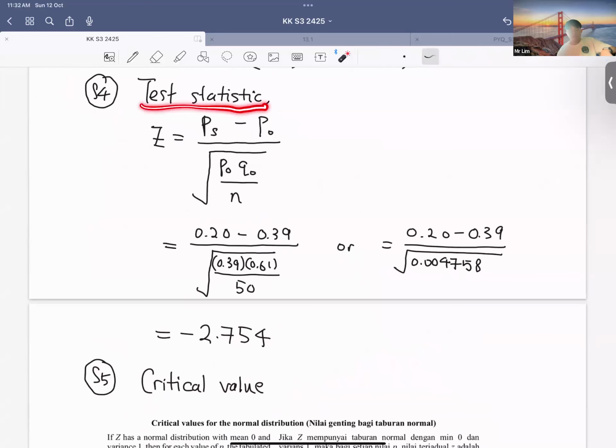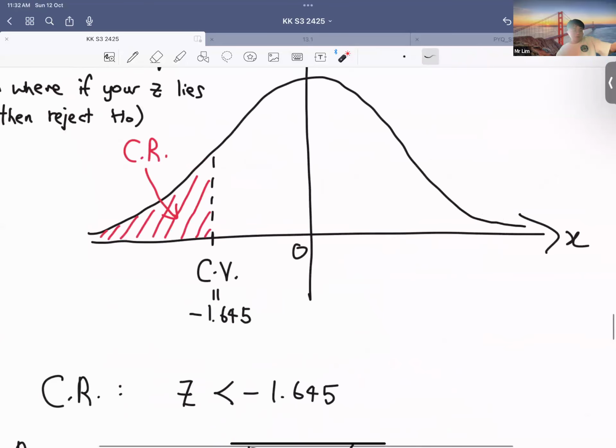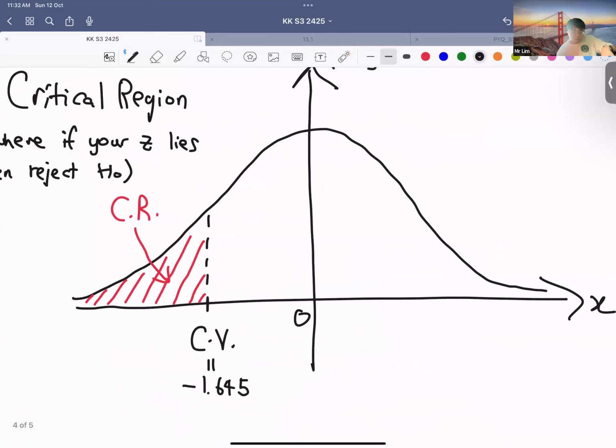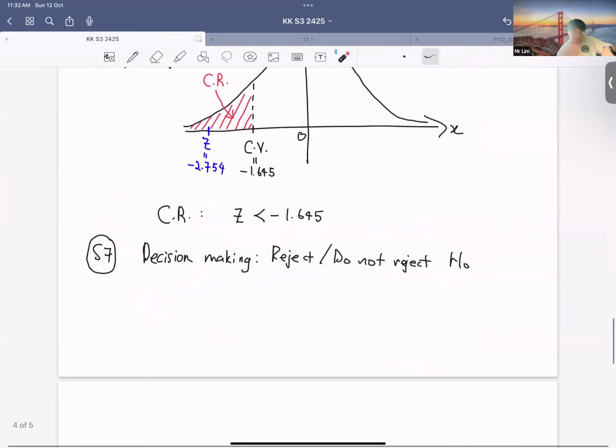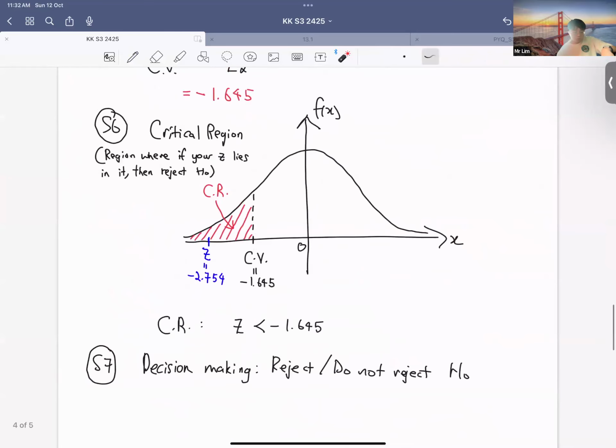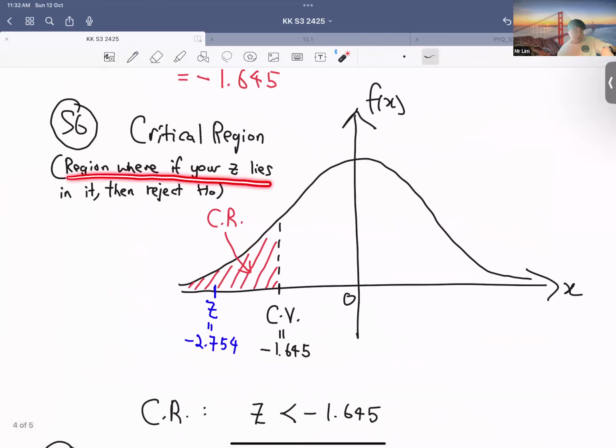My test statistic negative 2.754, does it lie in the critical region or not? We can mark it on the graph here. Here is my Z, my test statistic, negative 2.754, which is already less than it. So as I said, if your Z lies in the region, then you have to reject your H-naught.